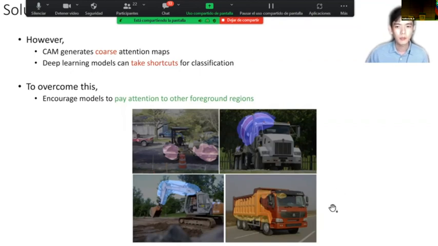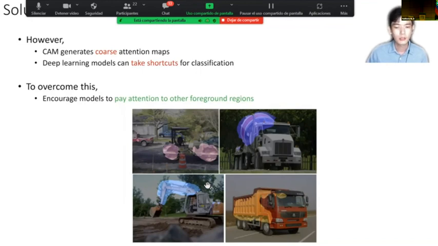And if you look at the image below right here, this is one of our models that has really high classification accuracy. And if we visualize the attention while the model is making decisions, you will notice that the model only pays attention to the most discriminative features of each class. The model does not need to look at the entire object in order to make decisions.